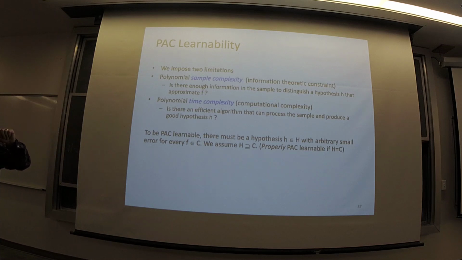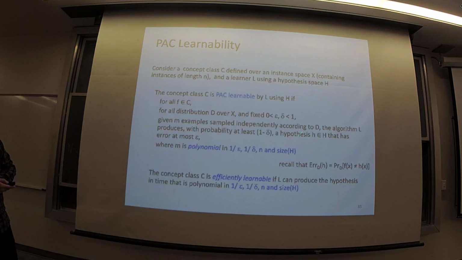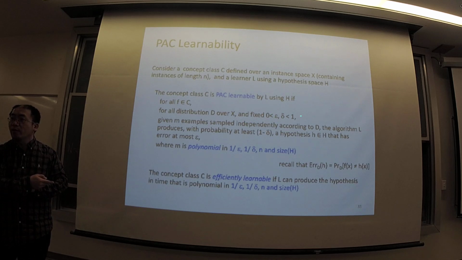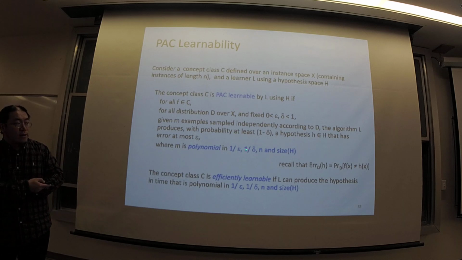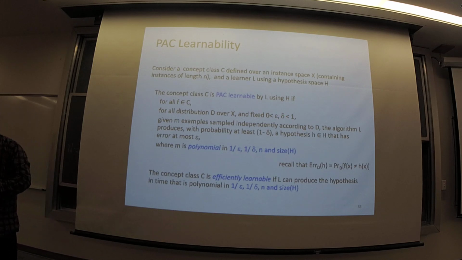If I want to show that your specific learning algorithm can PAC learn some specific type of target function, you have to test all possible values of epsilon and delta, and check whether your learning algorithm only uses polynomially many examples in these 4 numbers to achieve that epsilon and delta level. If this condition is satisfied, you can claim your machine learning algorithm is really good. It doesn't require too many examples.